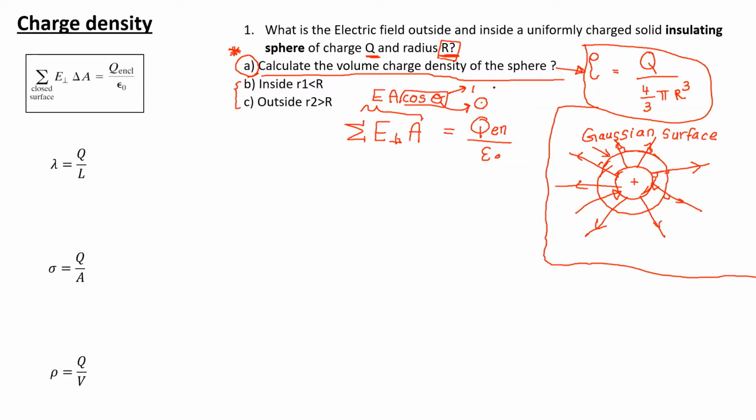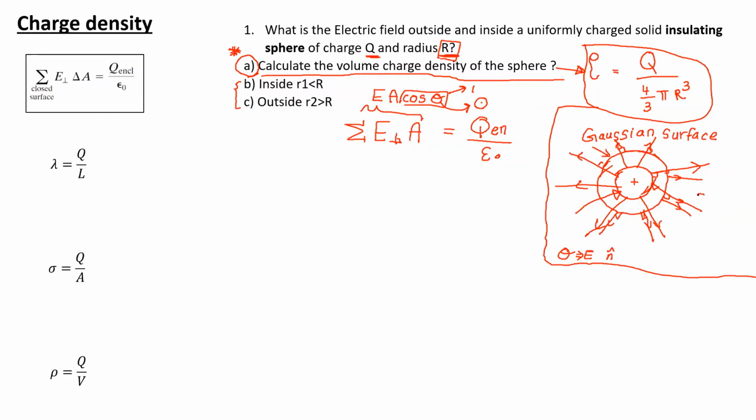And what is this theta? Theta is the angle between electric field and n hat. What is n hat? N hat is the perpendicular drawn to the surface, right? Very good. So here are the perpendiculars drawn to the surface.